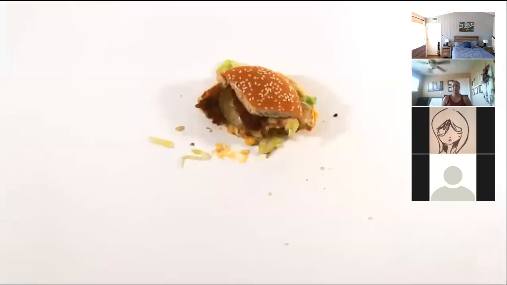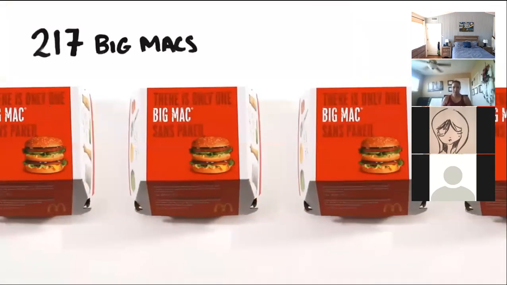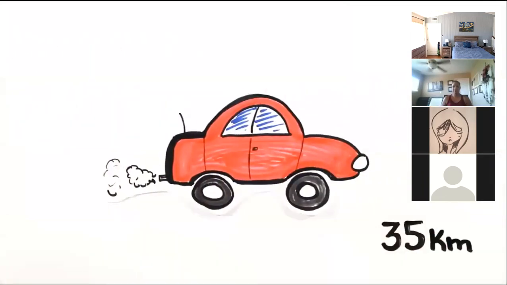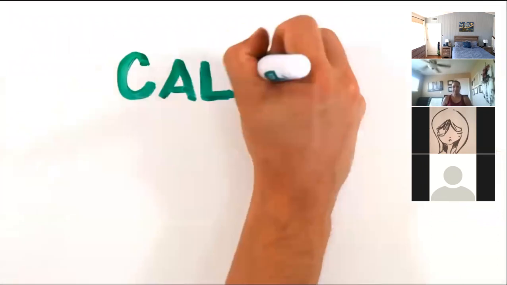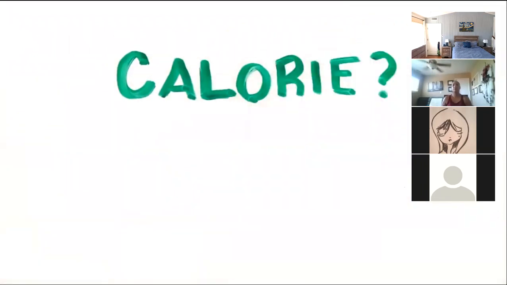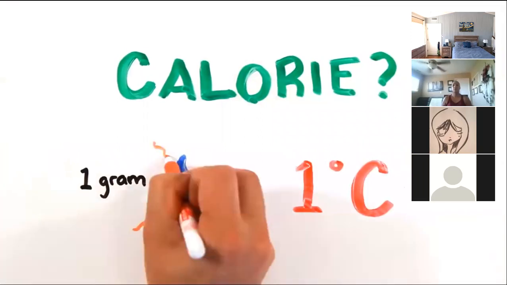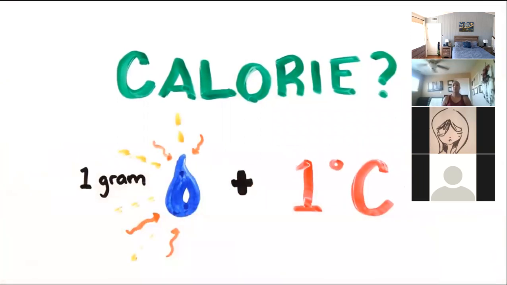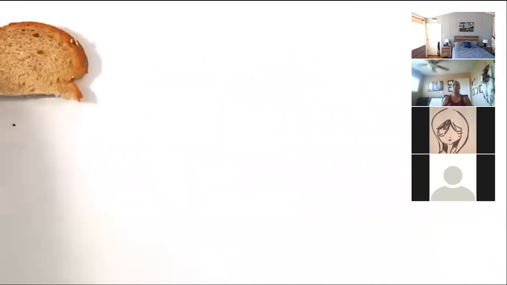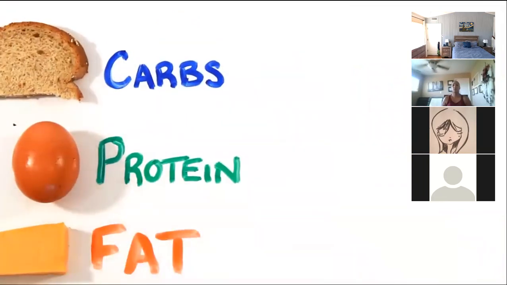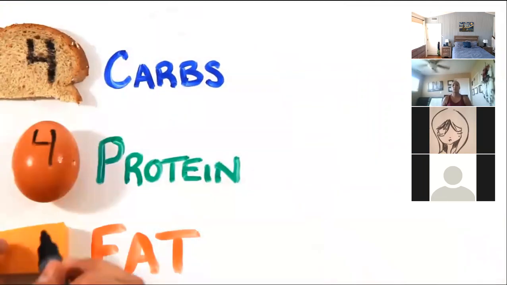And since calories are simply units of energy, with the calories of 217 Big Macs, you could drive your car 35 kilometers. So wait, what is a calorie? Specifically, a calorie is the amount of energy or heat it takes to raise the temperature of 1 gram of water by 1 degree Celsius. We need energy to survive, and we get it from food. Carbohydrates, protein, and fats are the building blocks of our food, and each contribute a different amount of energy to our bodies.